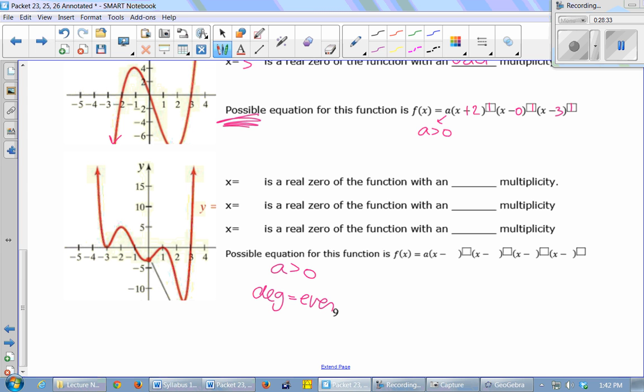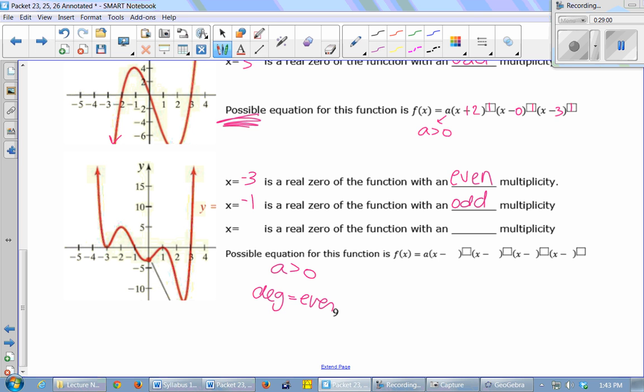My first zero, when I look furthest to the left, is at x = −3. It's a real zero of the function, and what is its multiplicity, even or odd? Even, because it bounces off the axis. So it's going to be at least a multiplicity 2, maybe 4, maybe 6. Okay, the next zero happens at −1. Even or odd multiplicity? Odd.